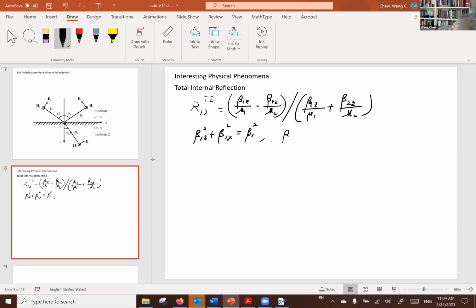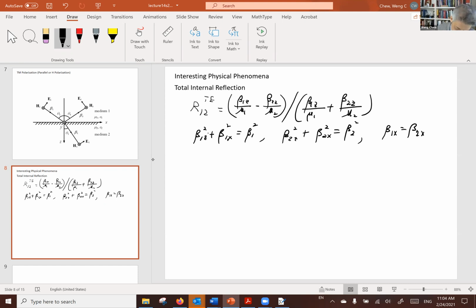And then beta 2z squared plus beta 2x squared is equal to beta 2 squared. But because of phase matching, these two beta x have to be equal to each other. Okay, so you only have the beta z being different that way.